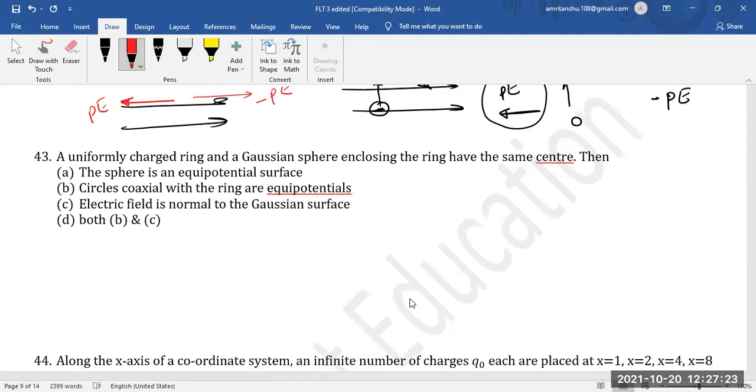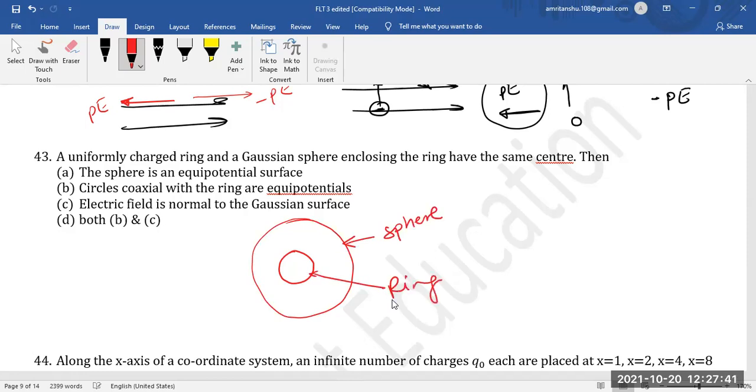It says a uniformly charged ring. So this is a uniformly charged ring, and a Gaussian sphere. Now we have to make a sphere over here. So this is a sphere, and this is a ring.